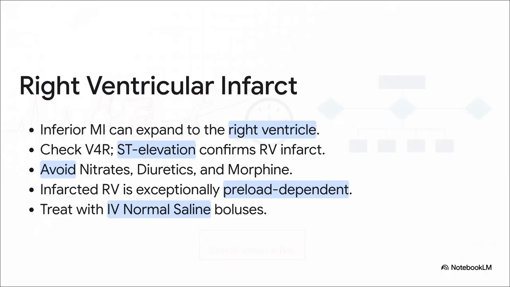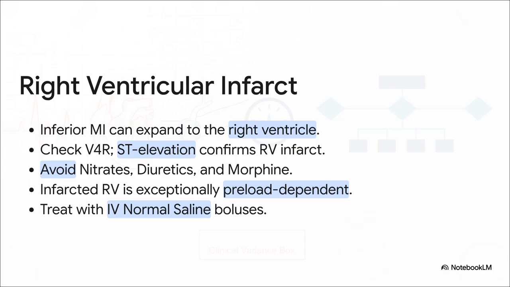And that brings us to the right ventricular infarction red line. An inferior wall MI, which is usually from a right coronary artery occlusion, can easily expand to the right ventricle. So your absolute diagnostic mandate here is to check a right-sided ECG. Seeing ST elevation in lead V4R confirms the RV infarct. And here's the physiology behind it.